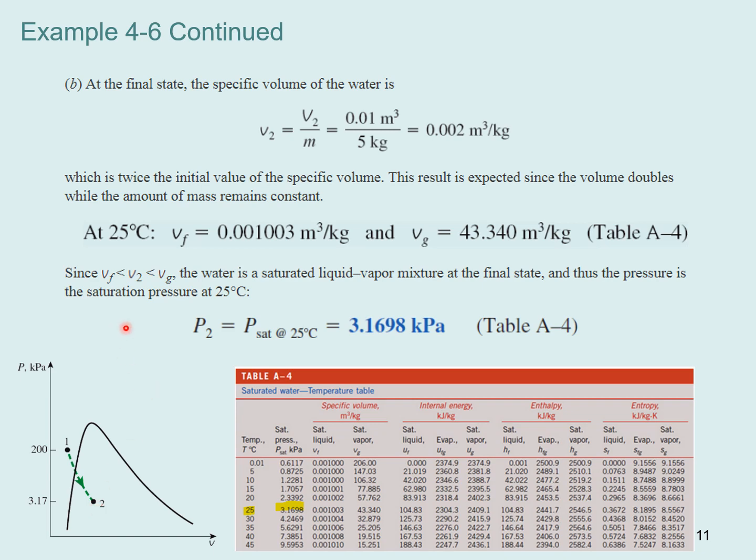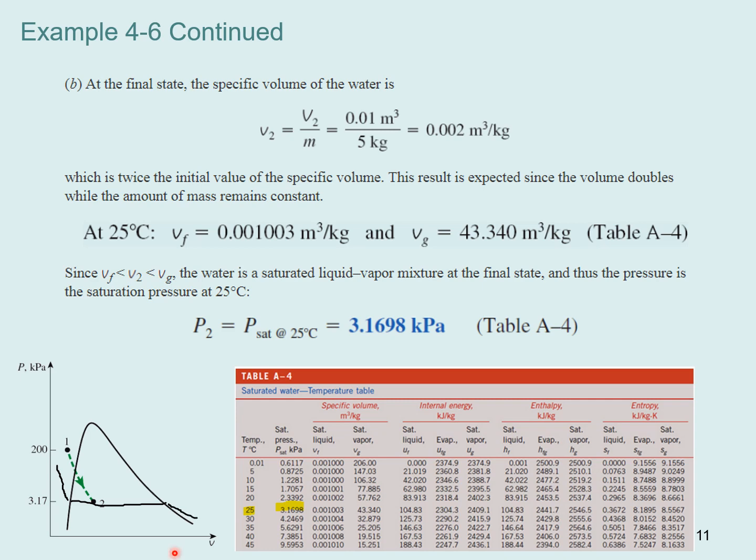So we do know the final pressure, though, because if we're in this liquid vapor mixture region, this has a constant pressure in here. So again, you have to remember how the curves go. Let me see if I can draw this for you. They're actually flat inside of here. At a given temperature, the curves are going to look something like this for the pressure versus specific volume.